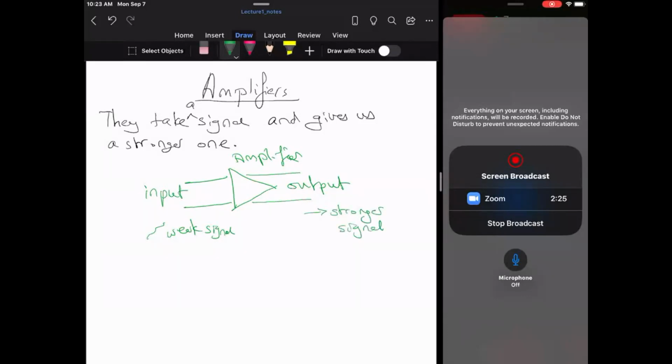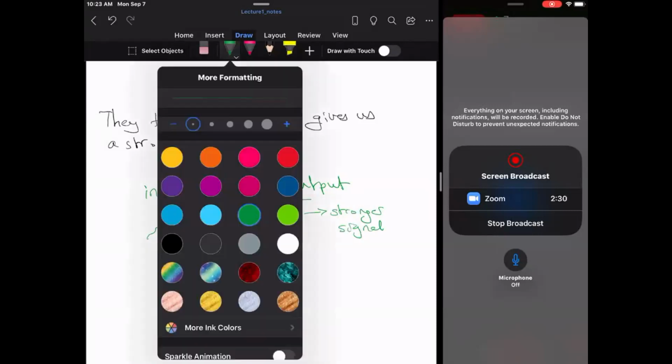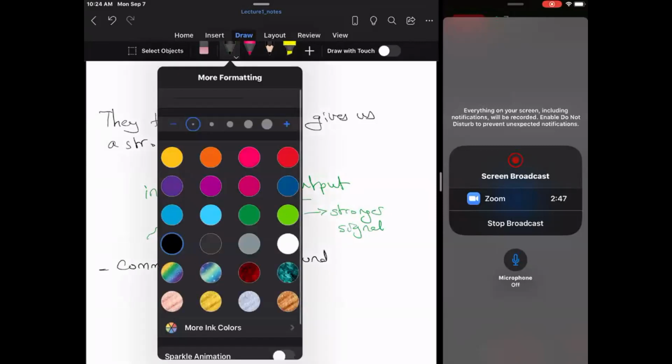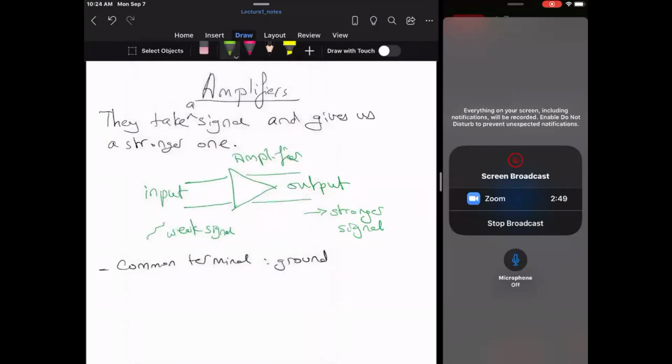And in order not to keep drawing the amplifier always like this, we are going to draw it in a form where we will have a common terminal, and this common terminal will be the ground. Rather than drawing two separate ports, we will draw it with a common terminal, where the common terminal is the ground.